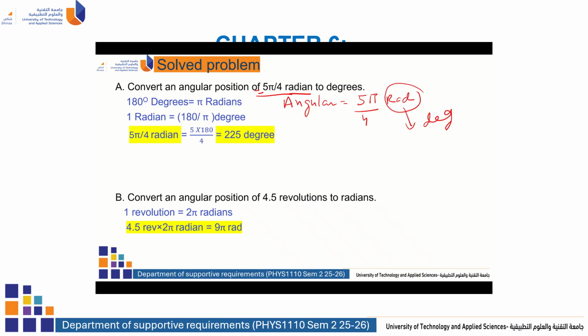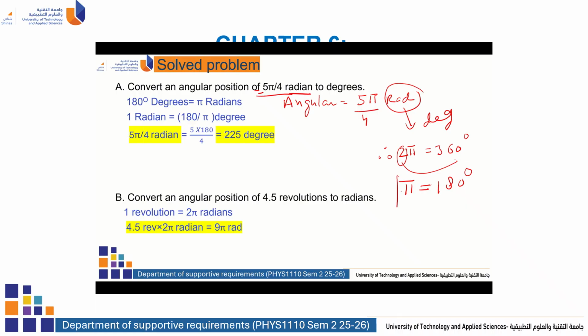We know the relation between 2 pi and the degree. 2 pi is equal to 360 degree. If I send this 2 from here to here, then pi will be equal to 180 degree.